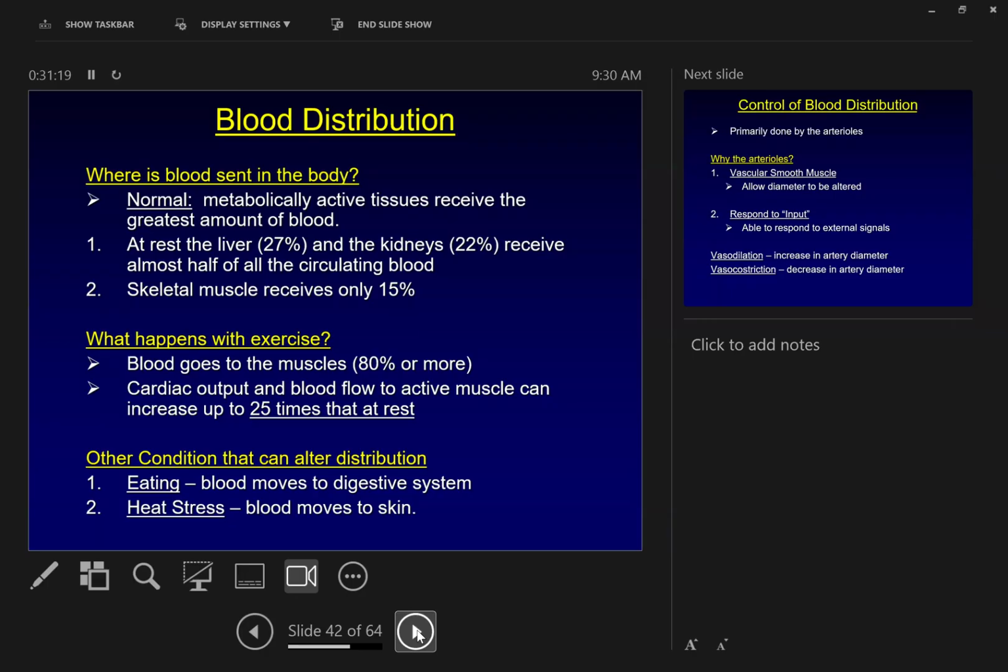But at rest, only about 15% is in skeletal muscle. As you begin to exercise, you shift from 15% of the blood going to skeletal muscle to about 80% going to skeletal muscle. So everybody stand up.